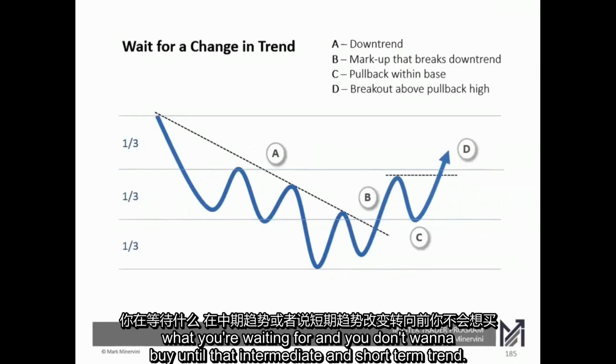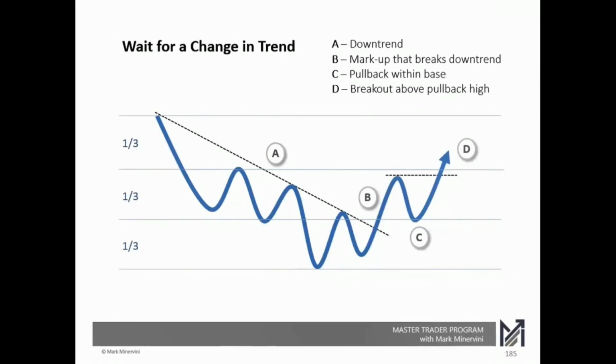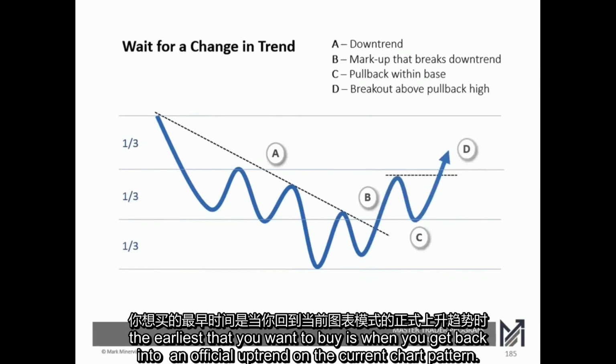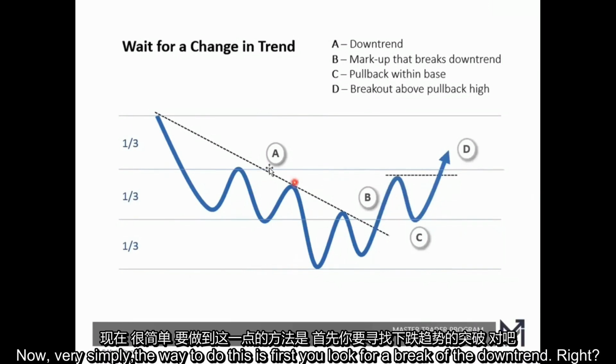What you're waiting for, and what you don't want to buy until, is that intermediate and short term trend turns up, and you've got the long term trend and the current chart pattern all in the same direction. So the earliest that you want to buy is when you get back into an official uptrend on the current chart pattern. So now, very simply, the way to do this is you look for a break of the downtrend.